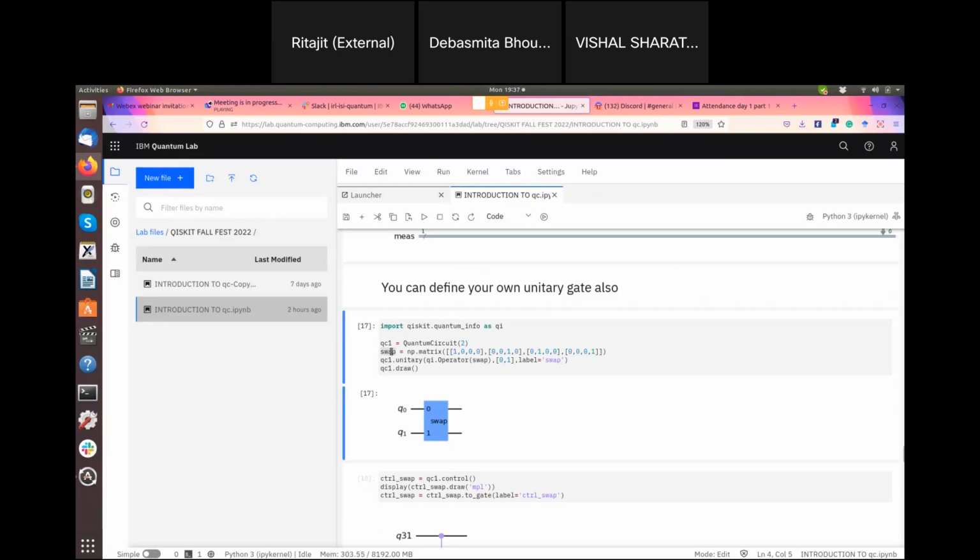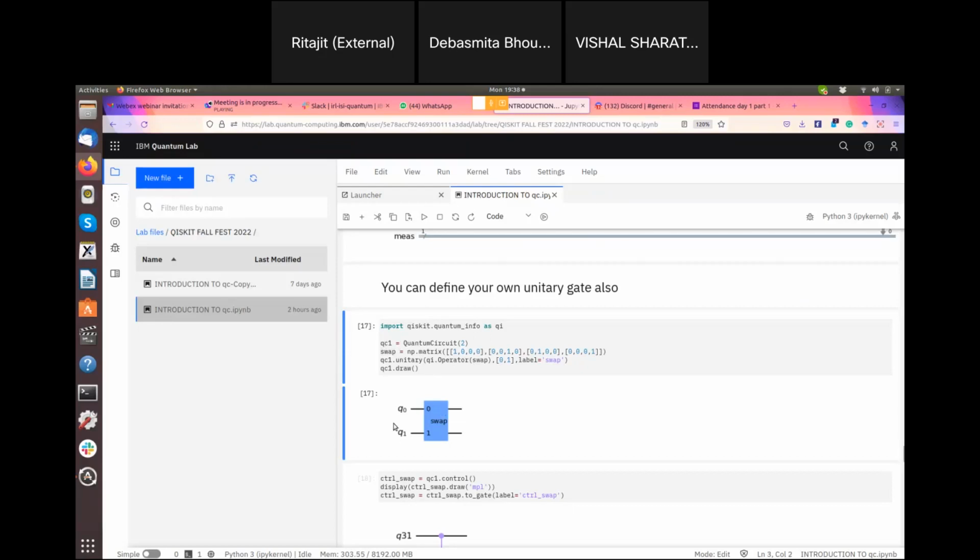So to use this matrix as a gate, our circuit name is now QC1. So QC1.unitary, this is a function. Now in the bracket, we pass this swap matrix inside Operator, so that this swap matrix can be operated on your quantum circuit.